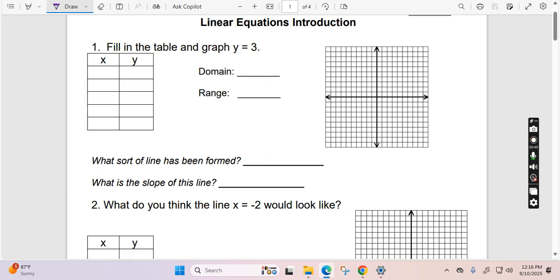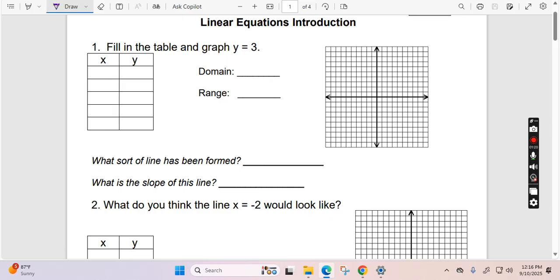It has a slope and a y-intercept. Okay. So it has a slope and a y-intercept. All right. Unless it is a horizontal line or a vertical line. Okay. And I'm about to tell you which one has a slope and which one does not.